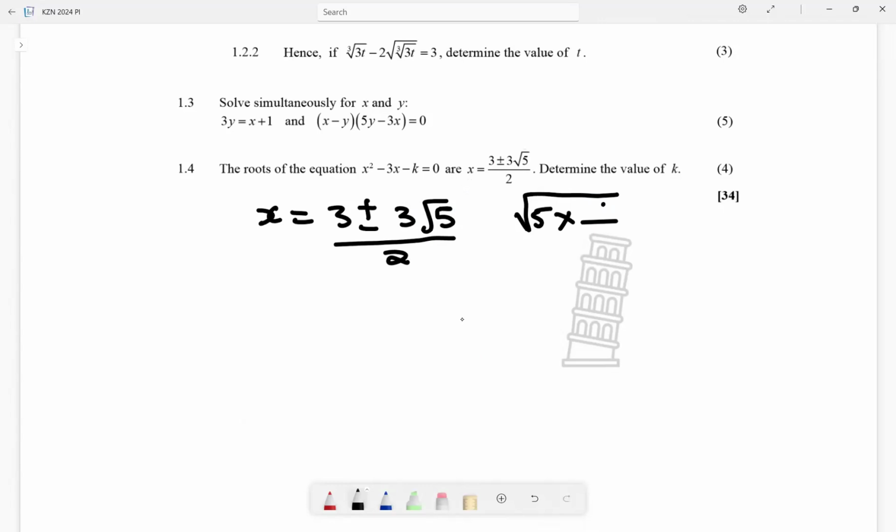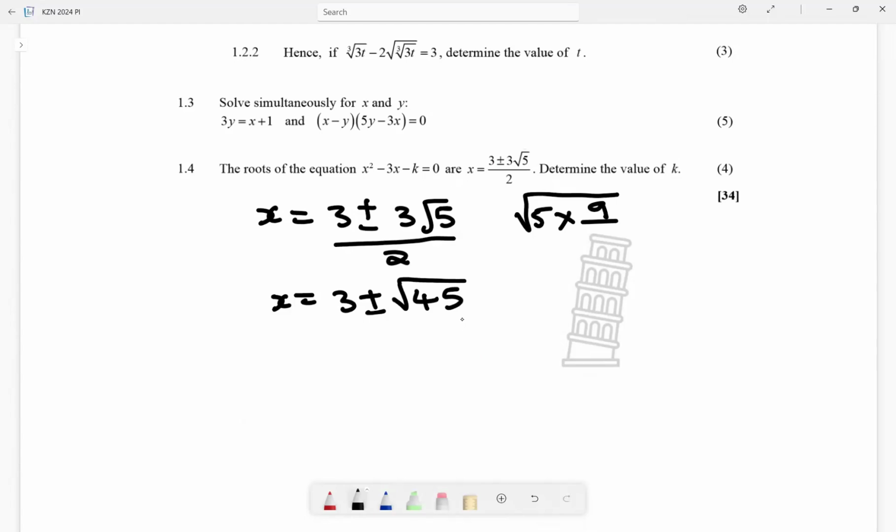So 3 squared is what? It is 9. So 5 multiplied by 9 is what? It is 45. So here it is 3 plus or minus, this was 45, divided by 2. Or you can punch your calculator, say 3 square root of 5, and see how much it gives you.